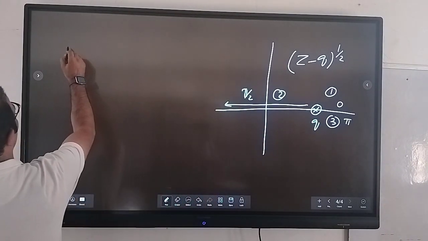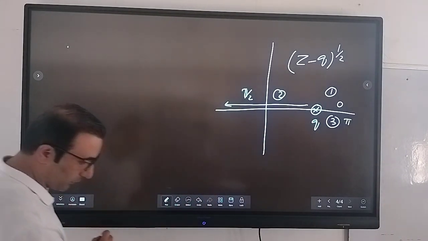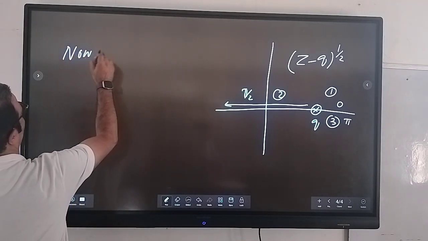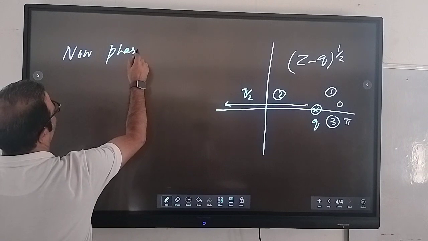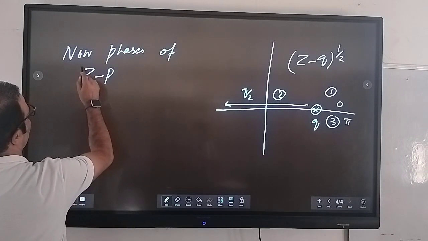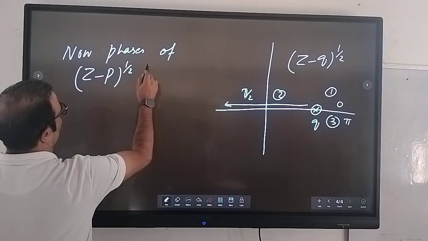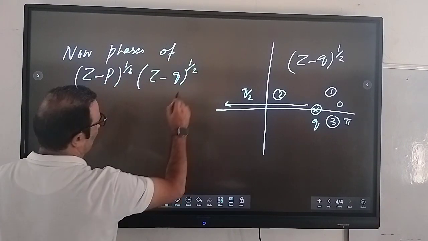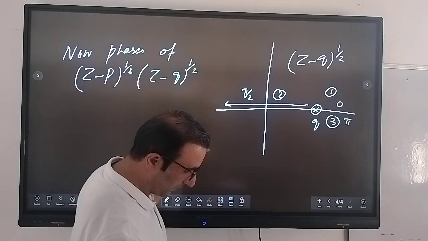So now we will write down the phases of z minus p raised to the power 1 by 2 and z minus q raised to the power 1 by 2, right? So these are functions, so we need to write down the phases for this.